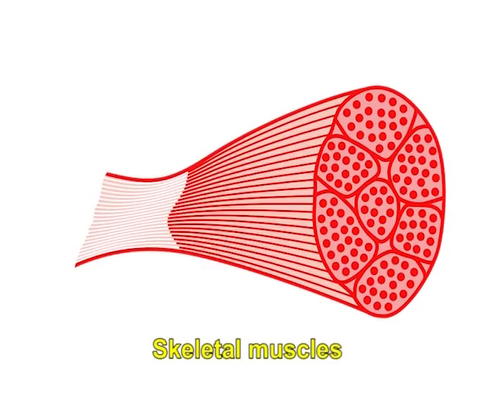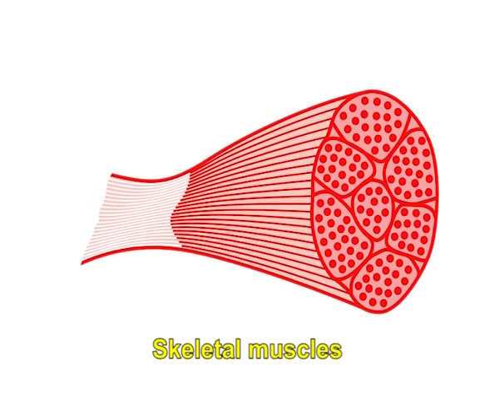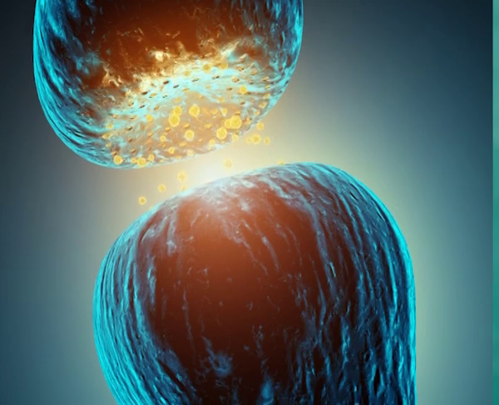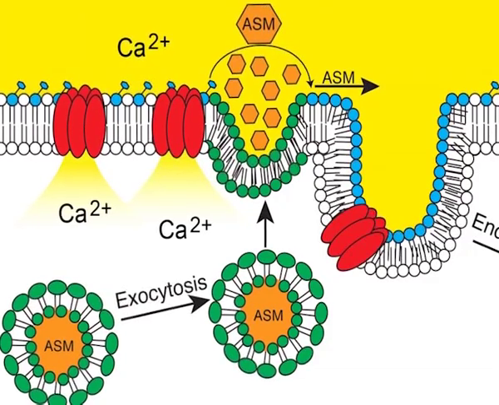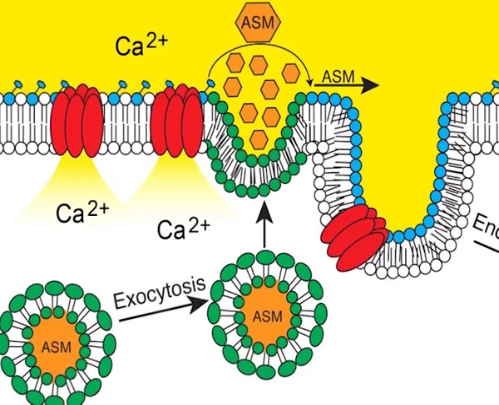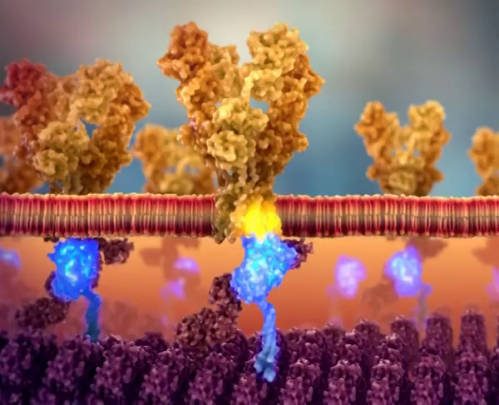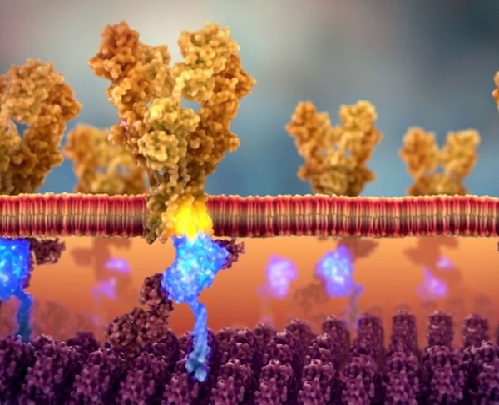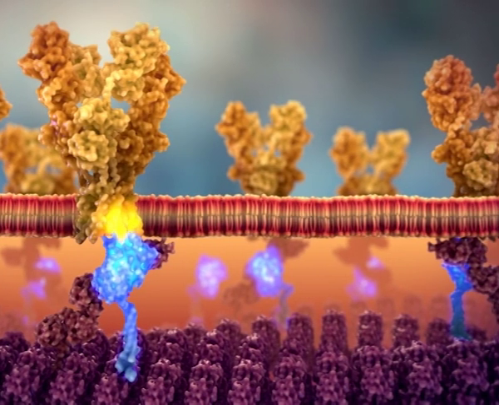Skeletal muscles are innervated by somatic motor nerves which originate in the spinal cord, terminate at muscle cells and release acetylcholine as the neurotransmitter. Upon arrival of an action potential, acetylcholine is released from synaptic vesicles by exocytosis, crosses the synapse and interacts with skeletal muscle nicotinic cholinergic receptors to depolarize the postsynaptic membrane.